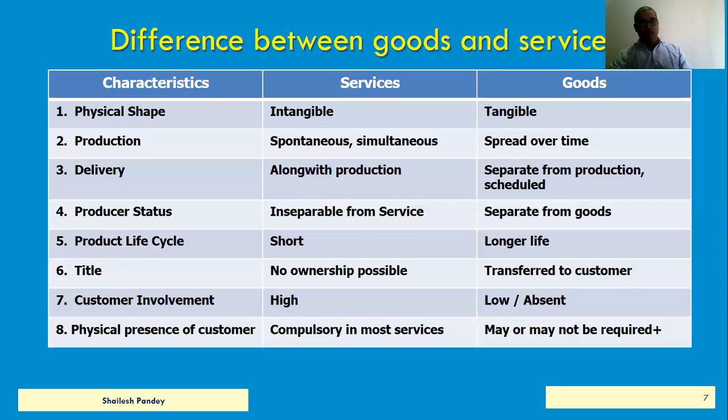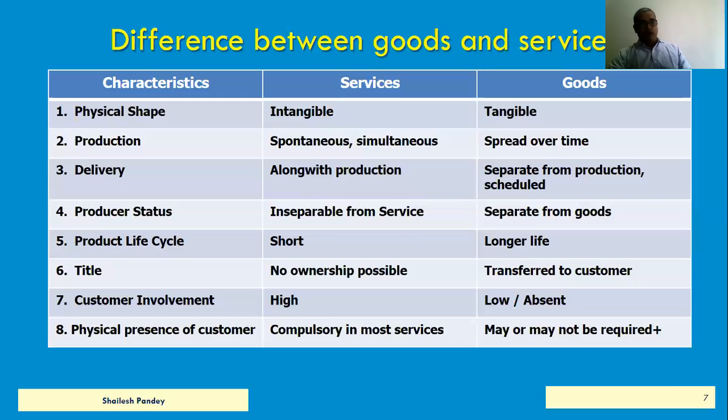If we want to take the services of Taj Resorts, the Taj Hotel will be available, the Taj Resort will be available. You as a customer have to be in the Taj Resort to take the services. But if you want to buy a Panasonic television, you can buy it from anywhere. It is not necessary that you will only buy it from the factory.